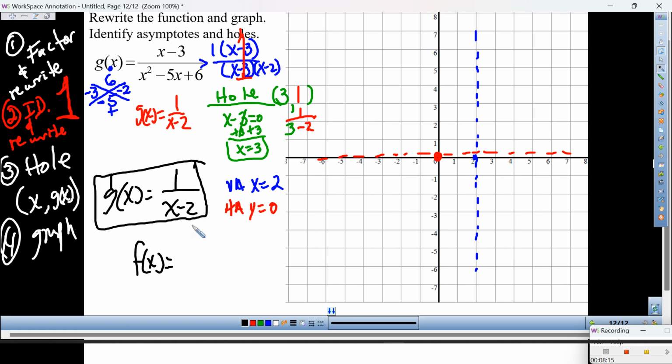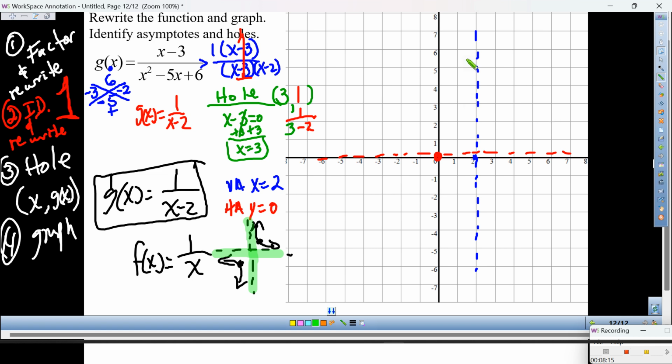What's our parent function for that one? 1 over what? x, which means it needs to look like this and like this, which means that this point is 1 up, 1 to the right, and this point is 1 down, 1 to the left. Is that correct? Now check this out. I'm counting from where both asymptotes meet, not where the coordinate plane is at, the point of origin.